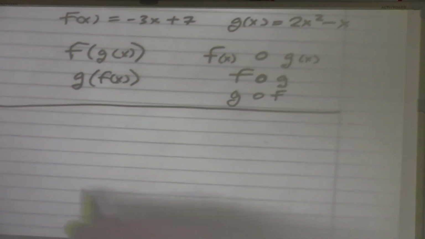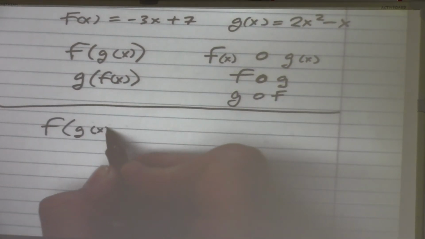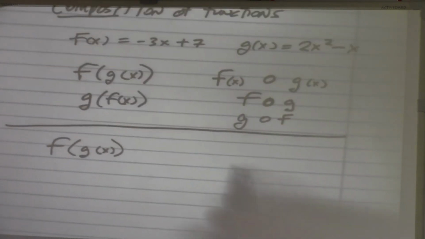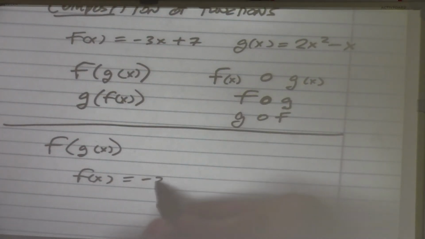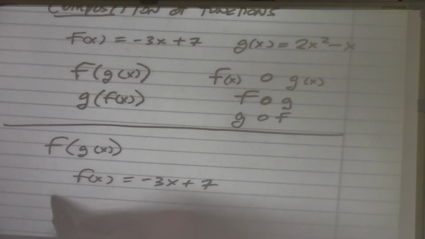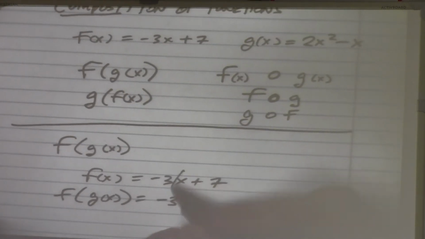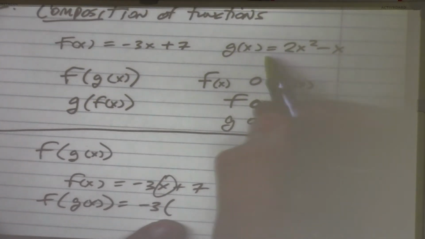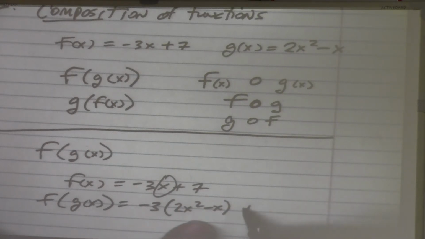Okay? So first, let us do f of g of x. And that means I'm going to take the function of x, which is this, negative 3x plus 7. Instead, I am now going to do this, which is negative 3, and in place of that x, I'm going to put the entire g of x, 2x squared minus x, and then plus 7.